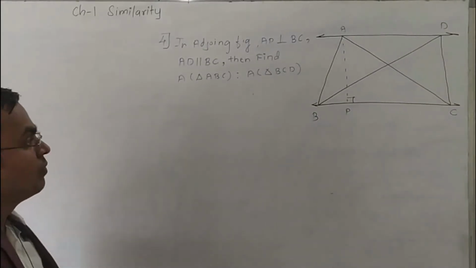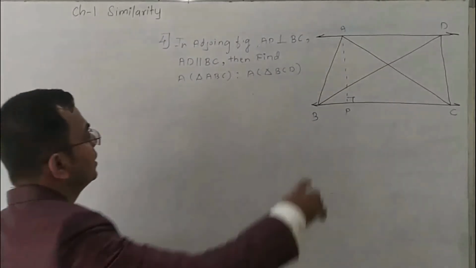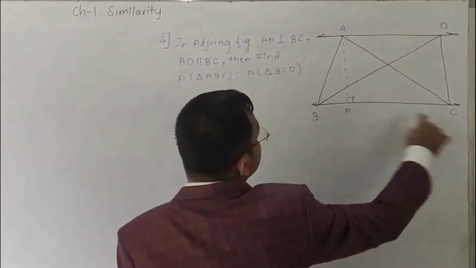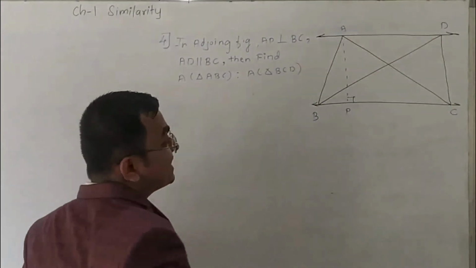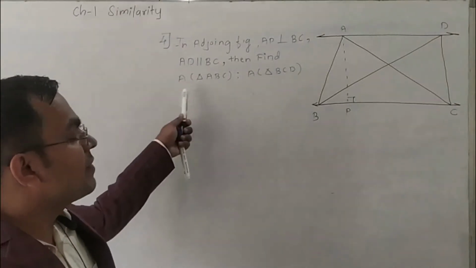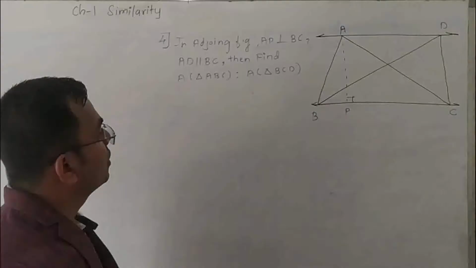Now, fourth sum. In the adjoining figure, AP is perpendicular to BC, and BC is parallel to AD. We have to find the ratio of area of triangle ABC to area of triangle BCD.